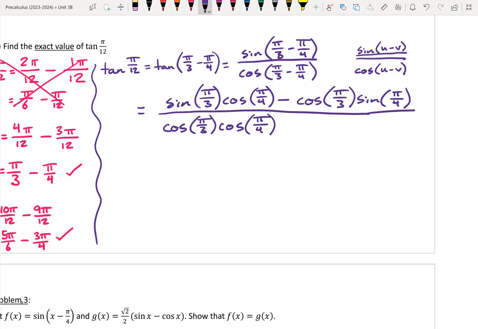Cosine, it's the opposite. If we see subtraction, we actually end up adding. And then what am I adding? It's the sine. Sine of pi over 3 times sine of pi over 4. That is the whole expression, the whole thing expanded. Now use your unit circle and see if you can simplify.